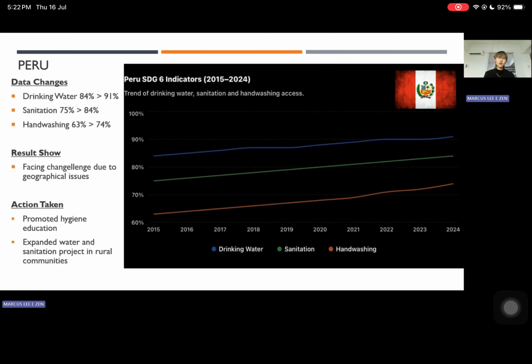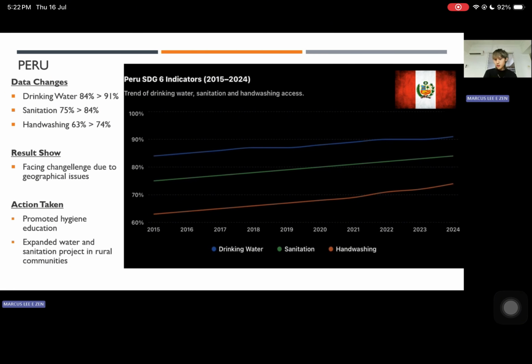However, although they made improvements, they're also facing some geographical challenges, with more of their population still in the mountain areas, so it's hard for the government to improve. But the government still takes action, like expanding their rural water and sanitation projects to more and more places, and also promoting hygiene education for schools in the mountain areas.